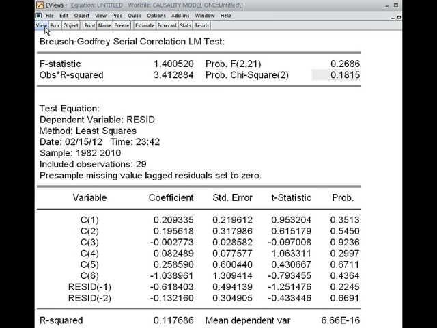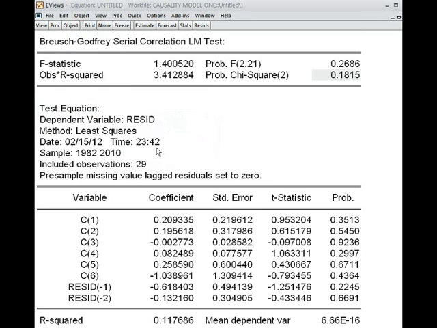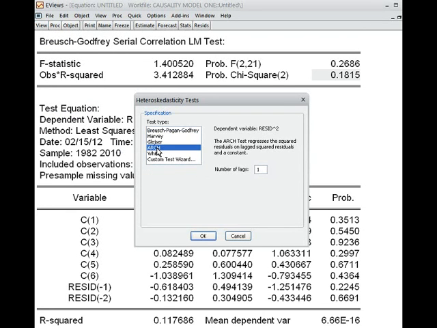Okay, then I check again. Suppose this time I check the heteroscedasticity test, right? Here are many tests. Suppose I choose the arch effect, whether this model has any arch effect or not. Suppose I take the number of lags, 2 lags I choose.